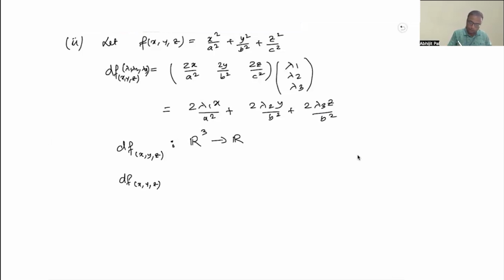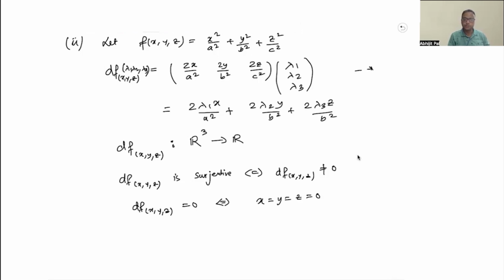So it is surjective if and only if this is not equal to the 0 map. Okay. So therefore, this df at (x, y, z) is a 0 map if and only if, from here, this is the 0 matrix, which means all these x, y, z will be equal to 0.